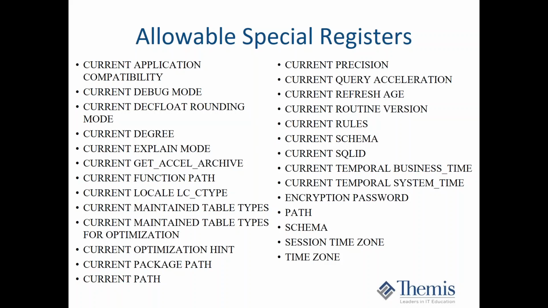I can turn on debug mode. And the first one, current application compatibility. Well, rather than having them have to do all the rebinds for their dynamic SQL programs that are coming in through here, if I want them to be able to use version 12, release 1, modification 501 or 502, I can set the current application compatibility, and those dynamic SQL statements will run under that application compatibility mode.